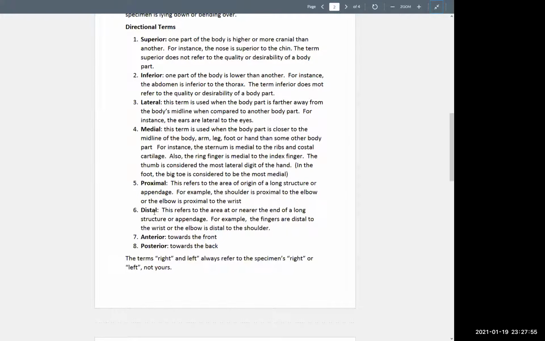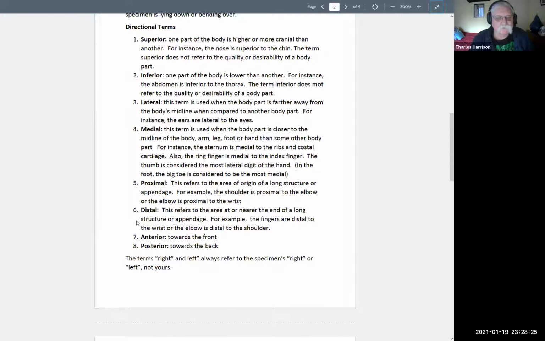The shoulder is proximal to the hand. Whereas the elbow is distal to the shoulder. The wrist is distal to the shoulder. Distal, farthest away.